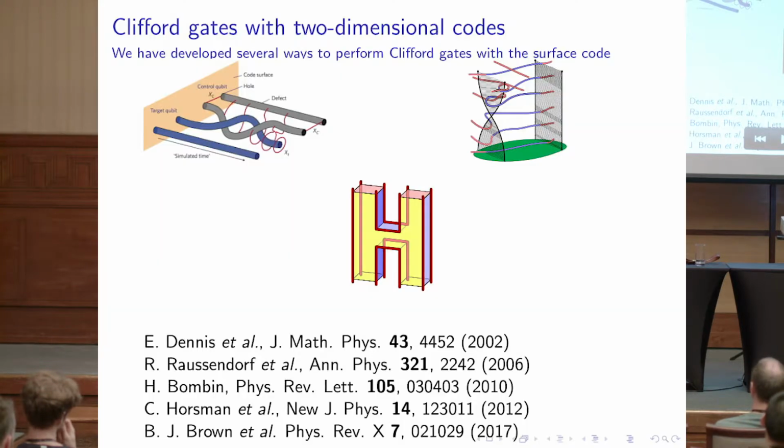OK, so we've been pretty good at doing the Clifford gates with the surface code. The first proposal for these was in the Dennis paper. They proposed some ways of doing some Clifford gates.